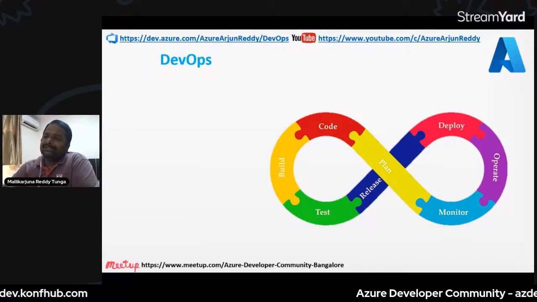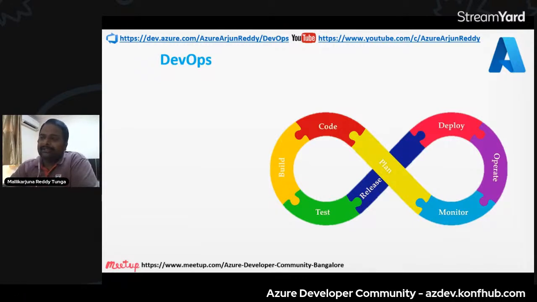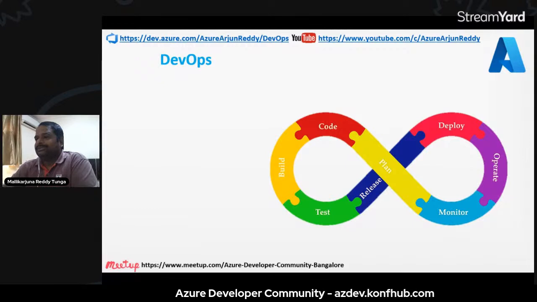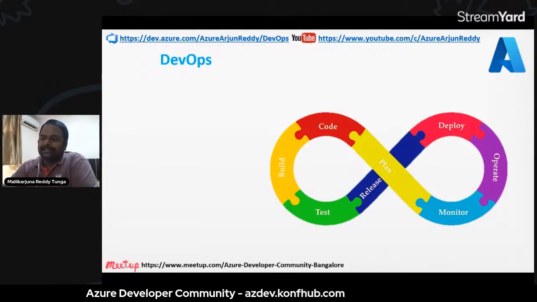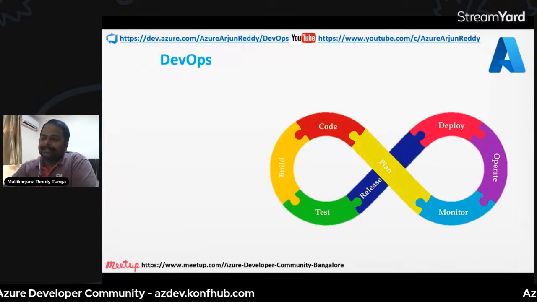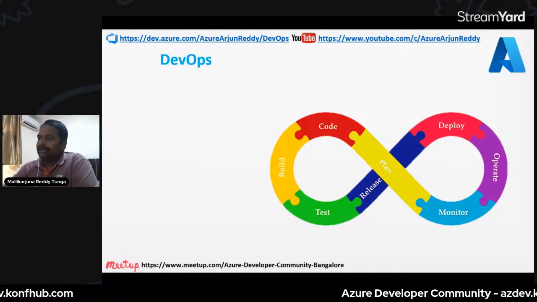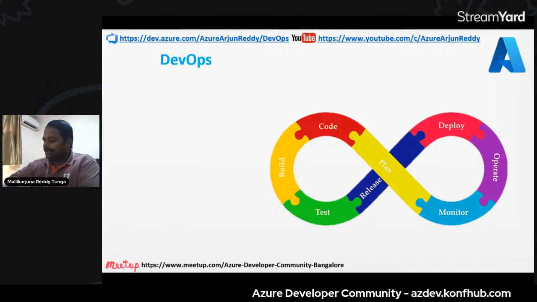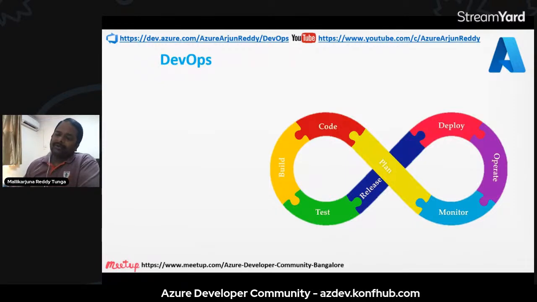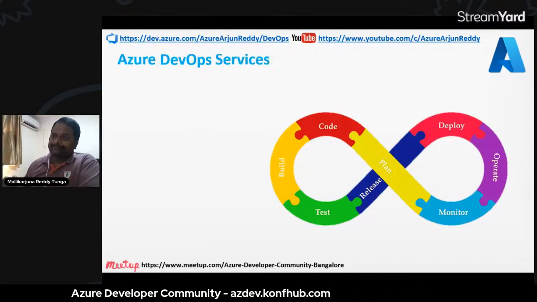So you cannot decide that DevOps is one thing, right? DevOps is a combination of tools and techniques, how you want to achieve your desired application deployments. Now we'll see how Azure DevOps will suit here.